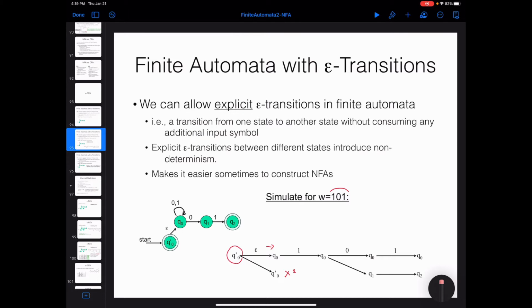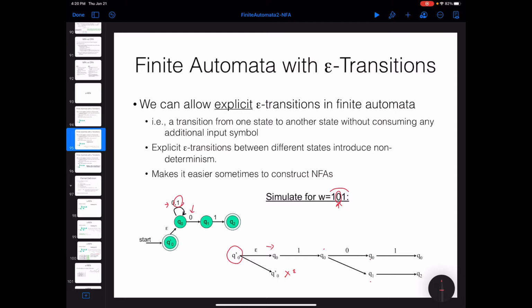Then from Q0, you read a 1 from the input, and using the 1 you stay at Q0 because of this transition. And by reading the 0, the next input, you can see that I have two transitions for 0. One will stay, one will move to Q1. So I will keep track of both of them.